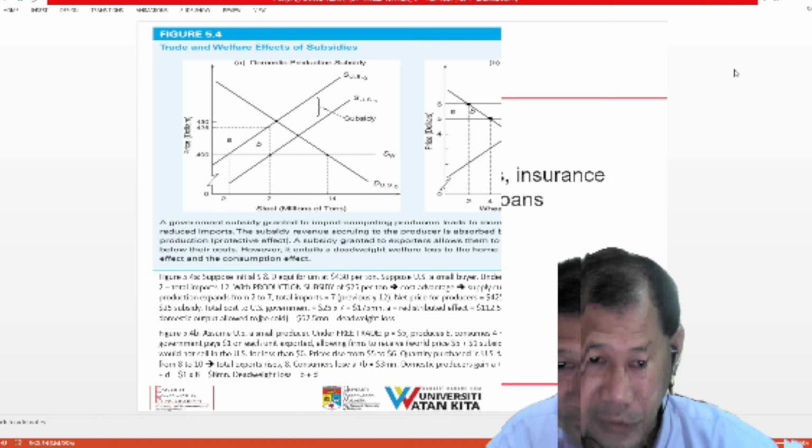So domestic producers would not sell the product inside the US for less than $6. As a result, prices go up in the US from $5 to $6. So here, this line, world price plus subsidy.